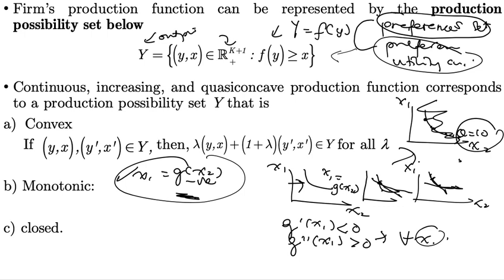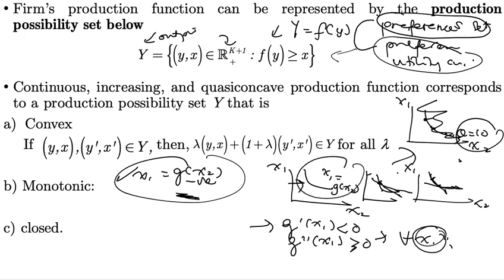And if G is smooth, then the first derivative of this curve, which is G prime, is negative, downsloping. And the second derivative here is greater than or equal to 0. I put greater than or equal to 0 for all inputs here. Then what we can say here is that this production function is well behaved.